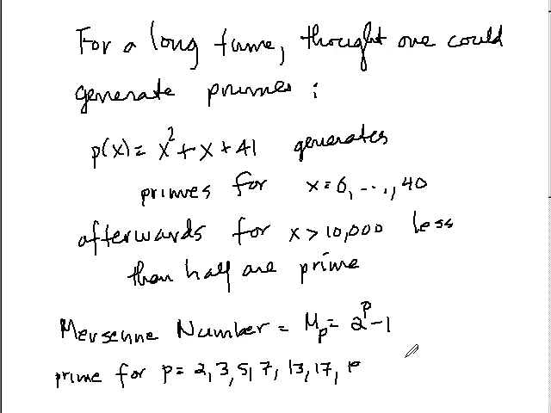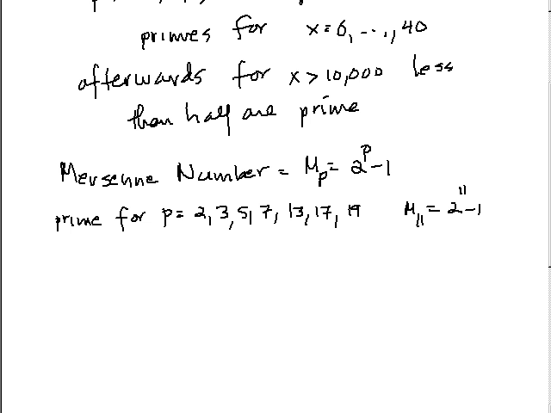It's not prime for 11. M_11, which is 2^11 − 1, you can just compute it, is 2047. And that's actually a composite number, 23 times 89. So it's missing the number 11 in here.